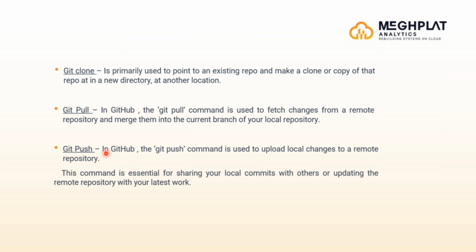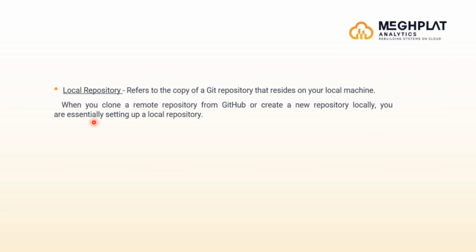Then the next one is git push. In GitHub, the git push command is used to upload local changes to a remote repository. This command is essential for sharing our local commits with others or updating the remote repository with our latest work. So, the last one is local repository.